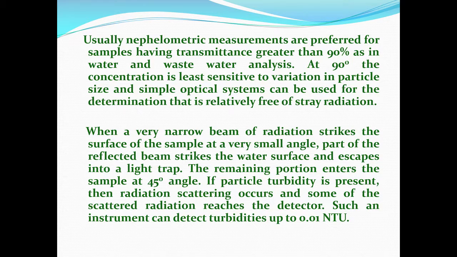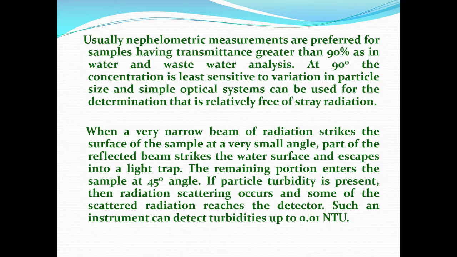That means for very low concentrations in water and wastewater samples. So, at 90% the concentration is least sensitive to variation in particle size, because the concentration is so low that getting a linearity curve is not a big problem at all.